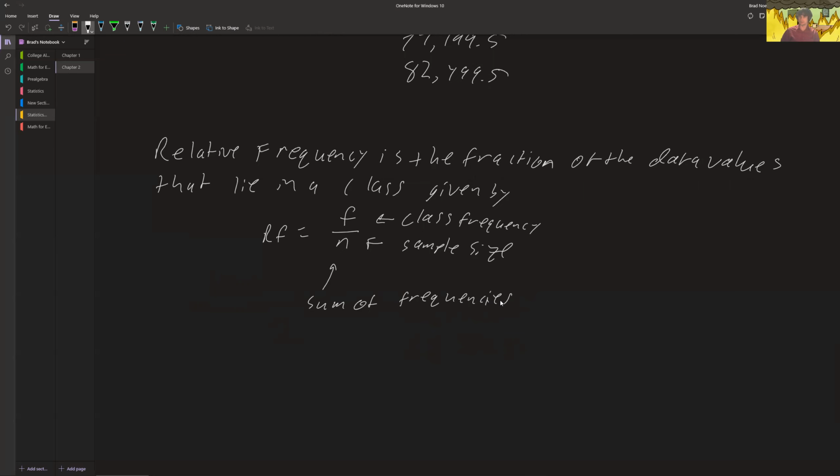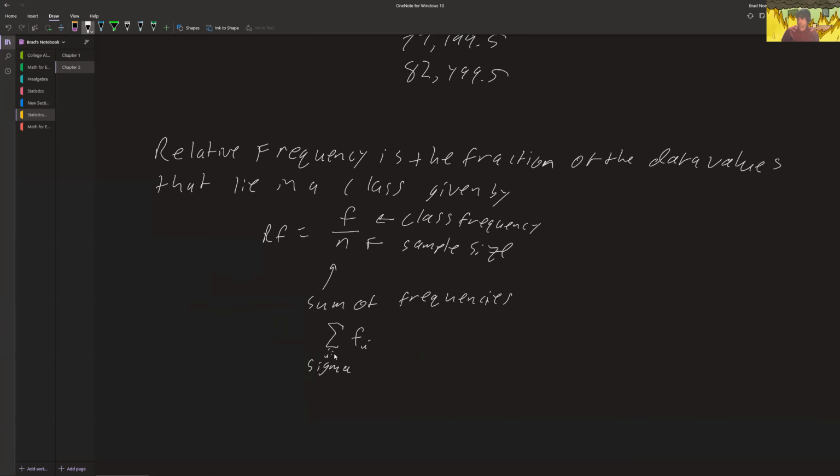Okay, now a little bit of notation that your textbook makes use of here. It uses a symbol like this here. This is the Greek capital letter sigma, and sigma just means add. So for this, you could say the sum of f sub i, and this would just add up all of the frequencies of the i classes.